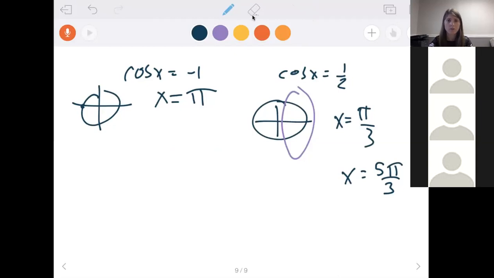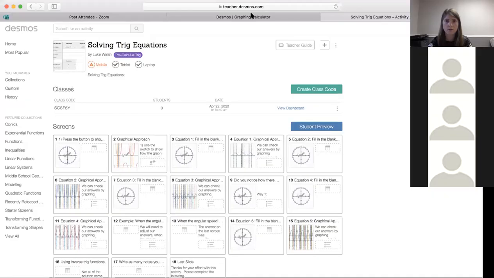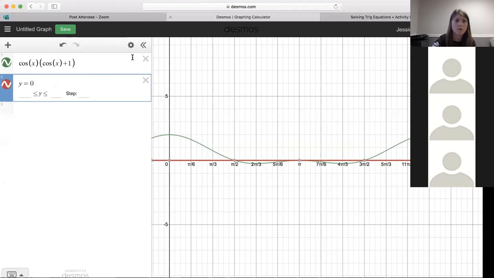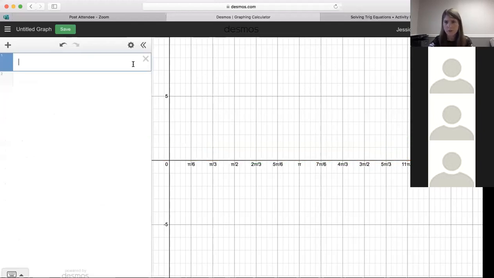So let me stop that share. And then share, switch the screen over here. There we go. And my teacher Desmos pulled up, which I'll share with you guys in just a second. But go back to your original, and I'm just going to type in the 9 sequence.